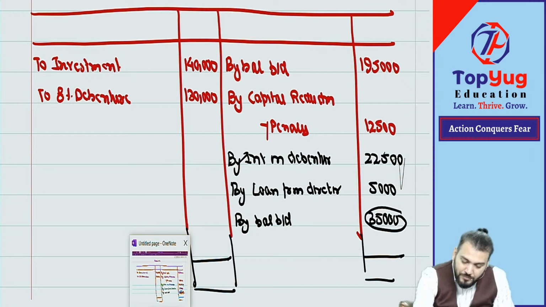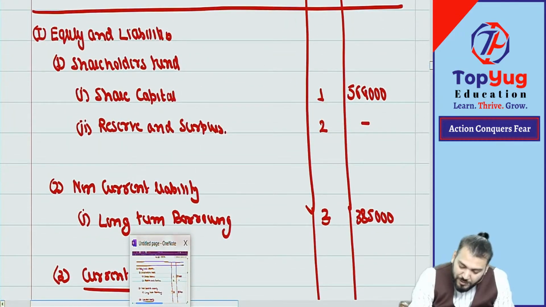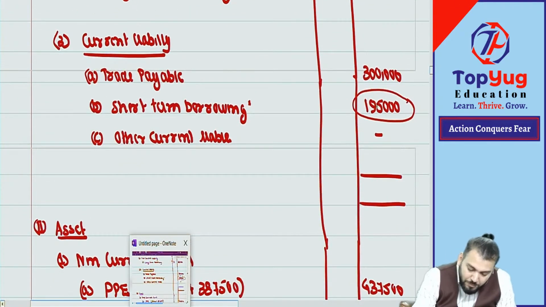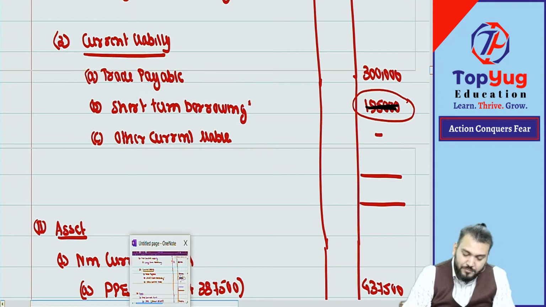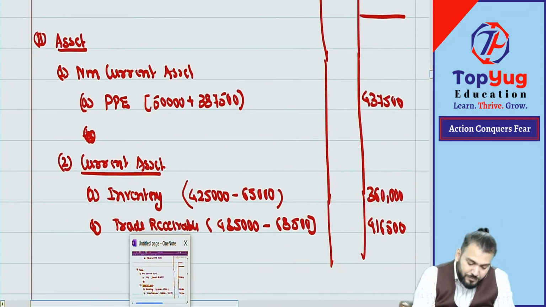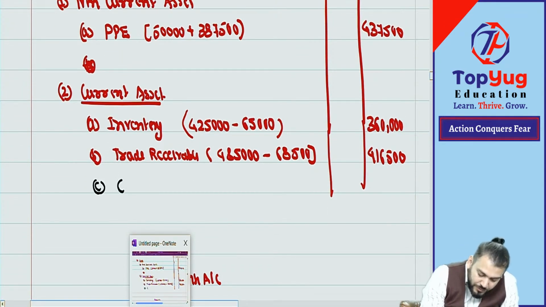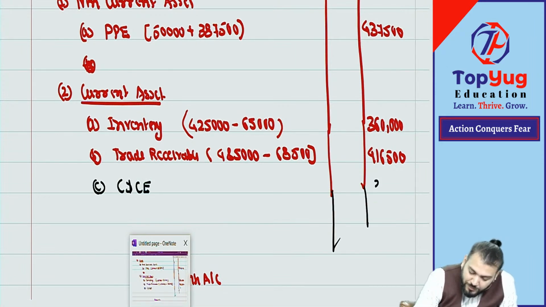Now bank overdraft will become zero, there is no short term borrowing, and this will become cash and cash equivalent, point number C. How much? 35,000. Now you can make the total. Your balance sheet total will tally.